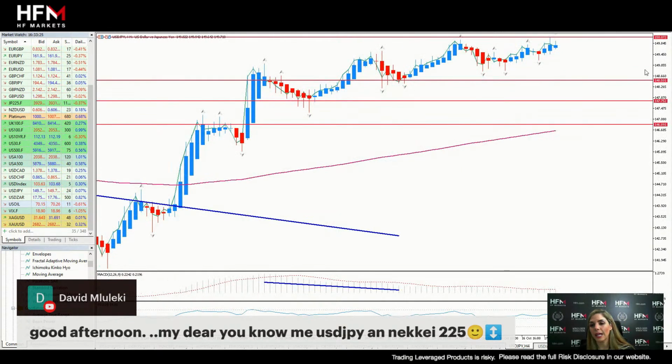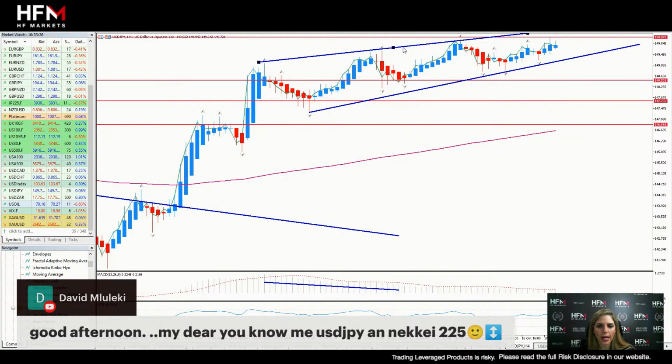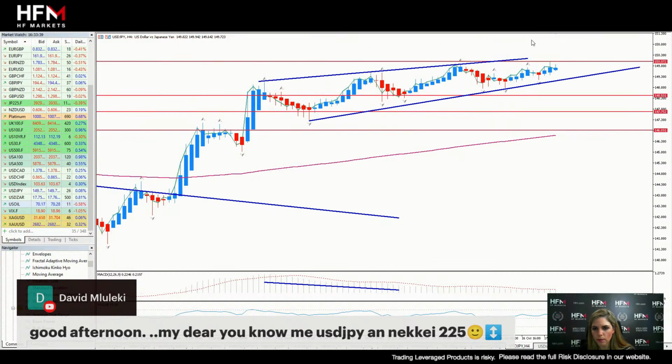Actually, something that can help you will be the 4-hour chart. Okay, why? Because it will help you to try and participate in this rally earlier, I mean, at the beginning of the trend, let's say. So it has been in an ascending triangle, a narrow one.